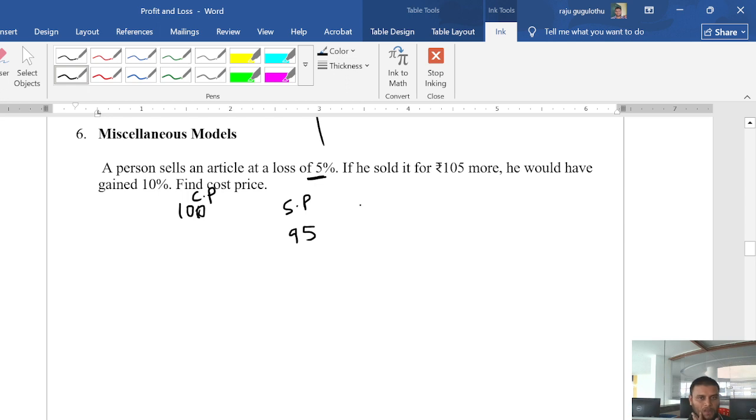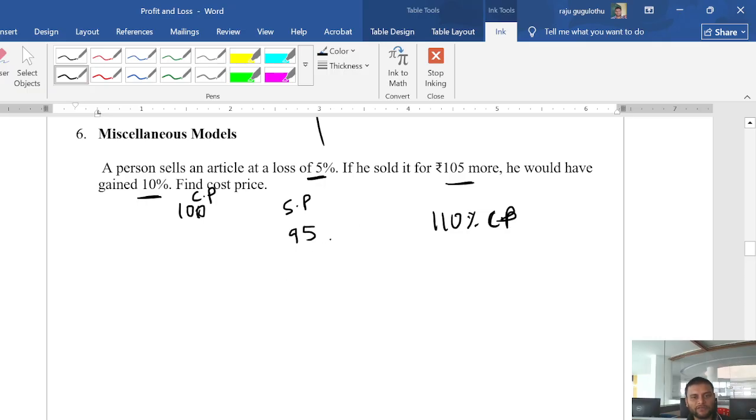If he sold it for 105 more, he would have gained 10 percentage, which means he would have got 110 percentage of CP. As in the previous discussion, 100 percentage is the CP, then 95 percentage of CP is the selling price, because we are losing 5 percentage.